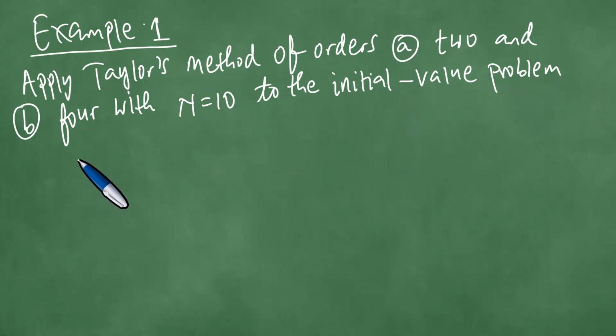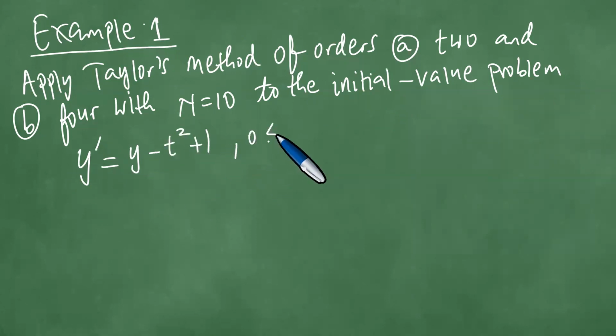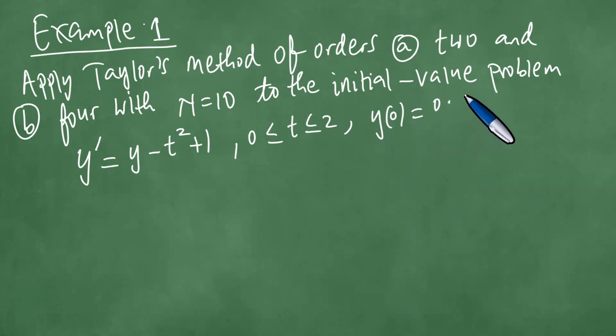This is an example. It's an initial value problem: the first derivative y' is y minus t squared plus 1, where t lies between 0 and 2, inclusive, and y(0) is 0.5.